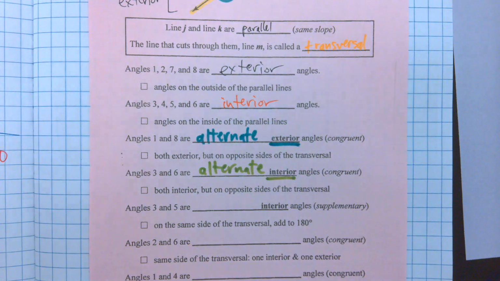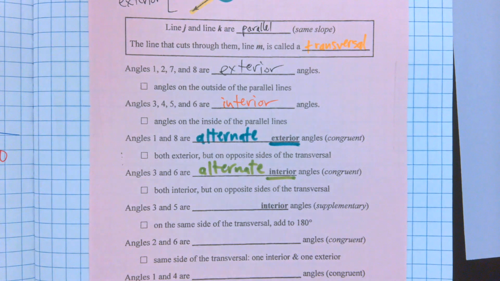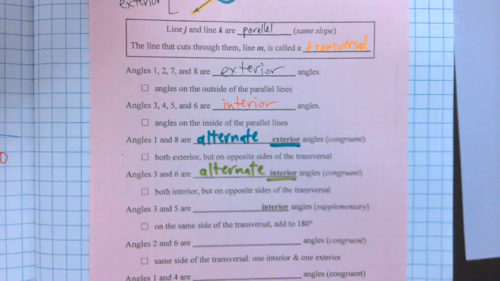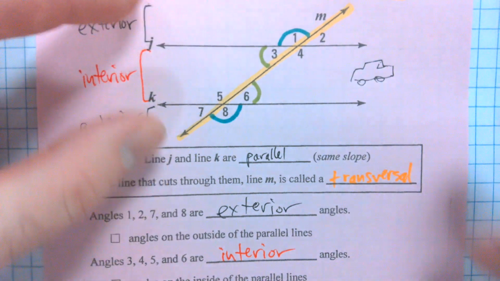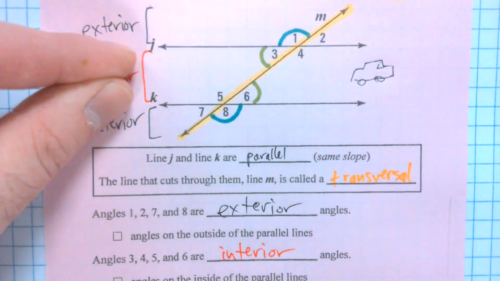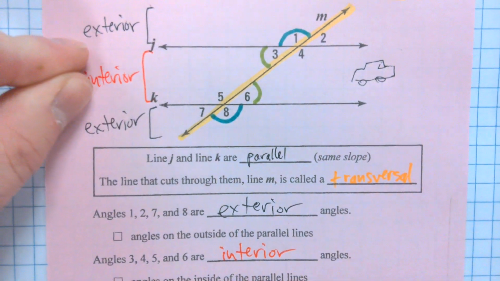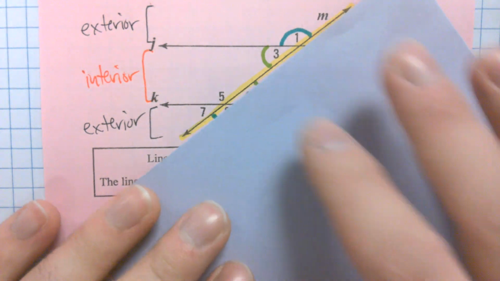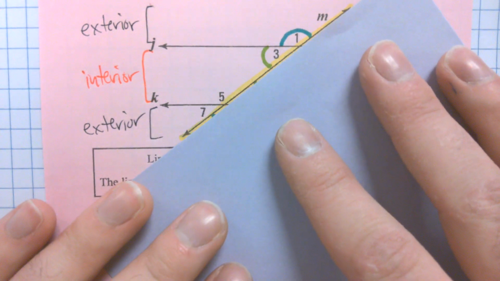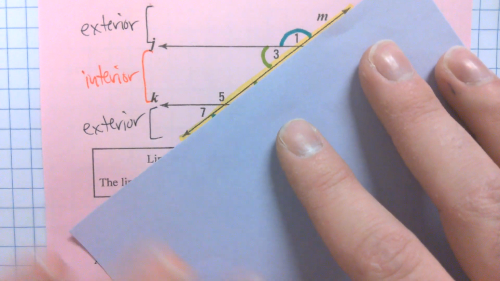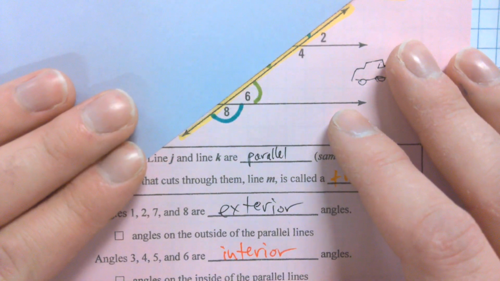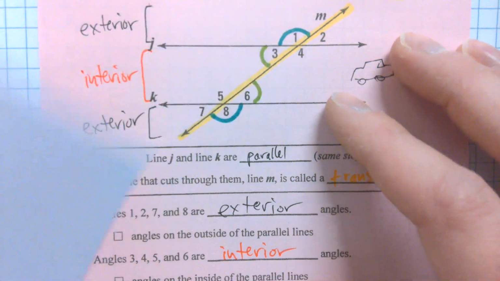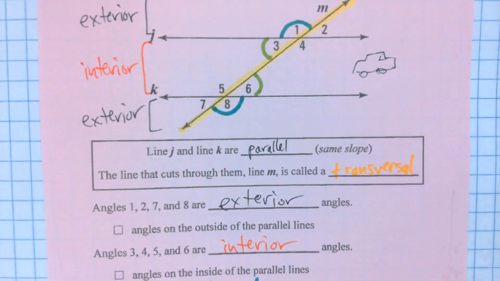Angle 3 and angle 6 are both in between my driving lane. They're on the interior. Angle 3 is to the left of my transversal. Angle 6 is to the right of my transversal. So they're on alternate sides, but they're both on the interior.